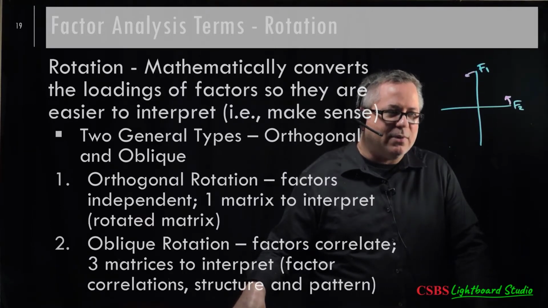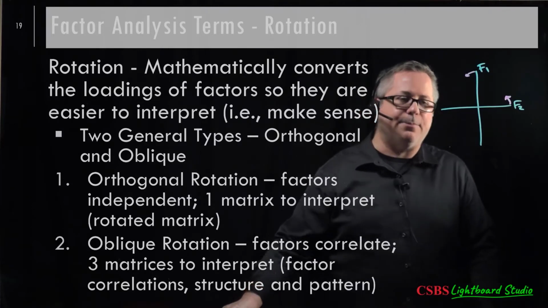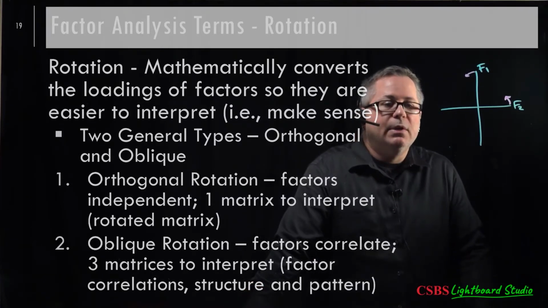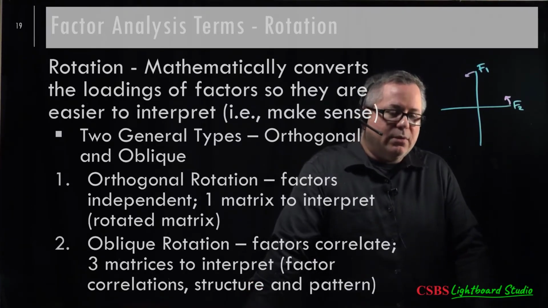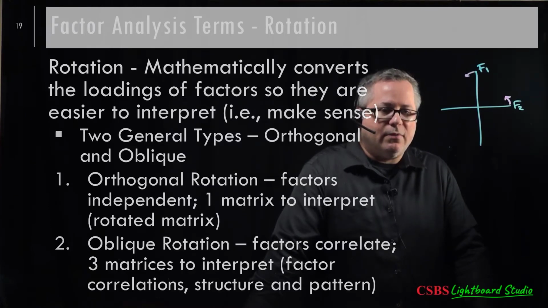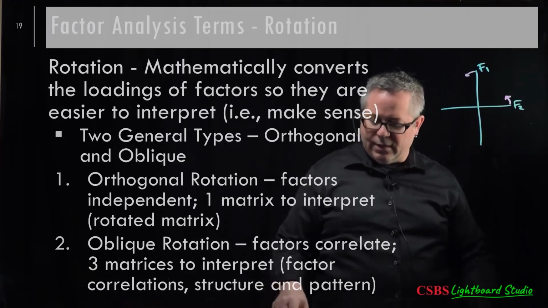They're going to actually correlate. So keeping them orthogonal may be ridiculous. It may not be theoretically feasible. So there is oblique rotation, which allows the factors to correlate.